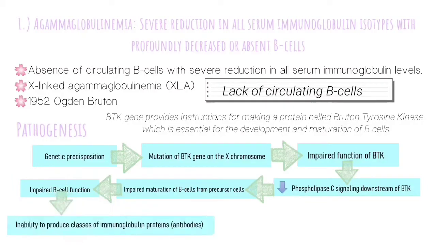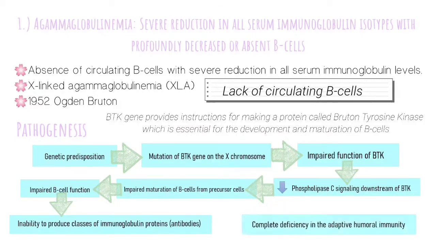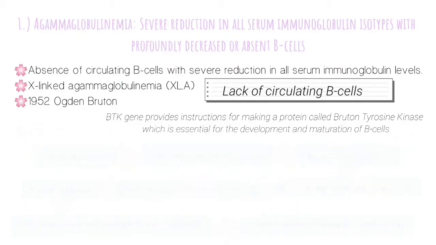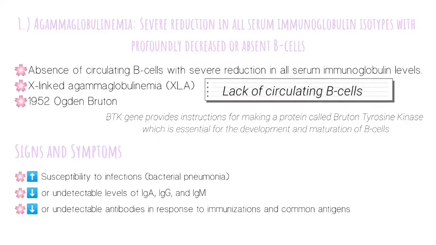There is an inability to produce all classes of immunoglobulin proteins or antibodies. So when this happens, there is a complete deficiency in the adaptive humoral immunity. Since there is an inability to produce immunoglobulin proteins, exposure to antigens fail to result in the generation of antibodies.